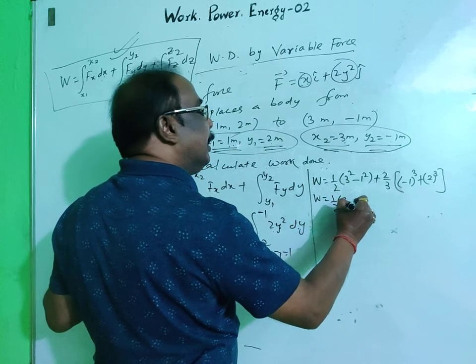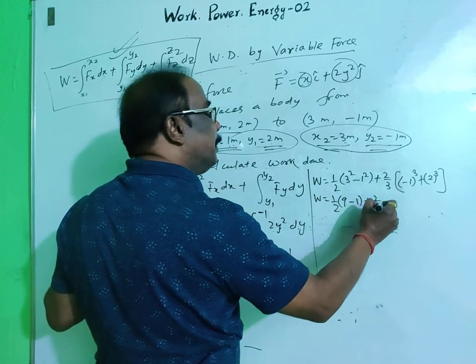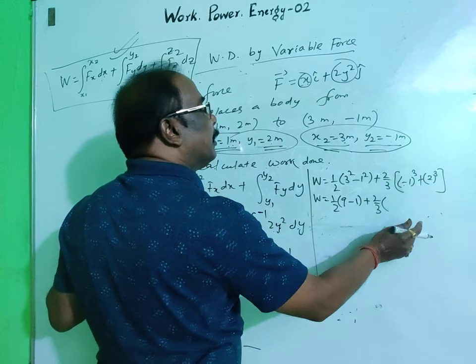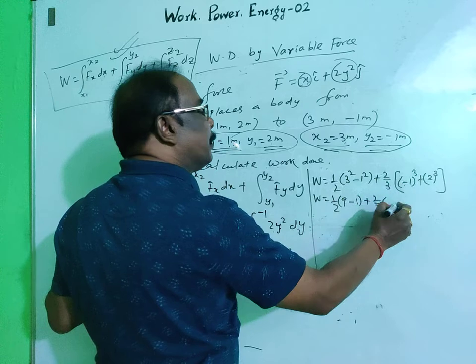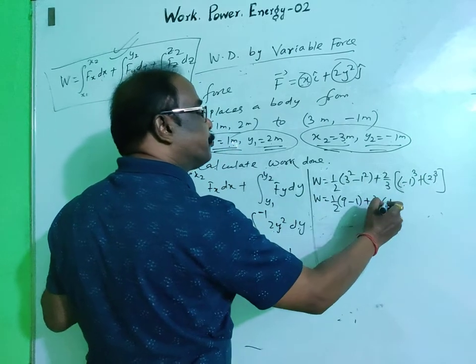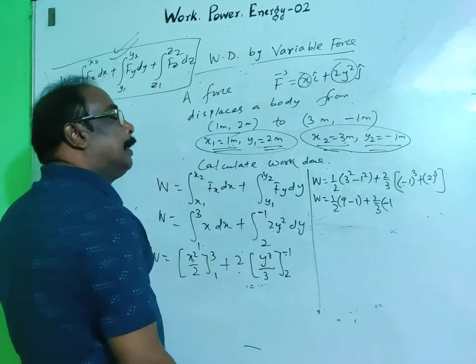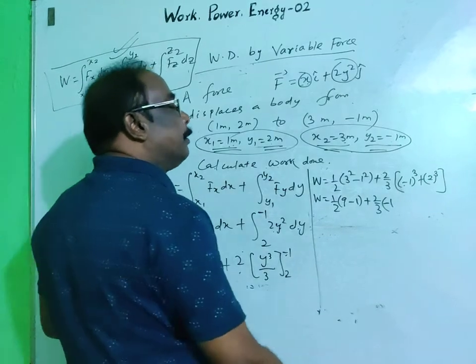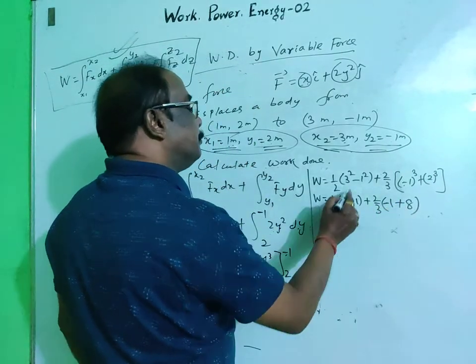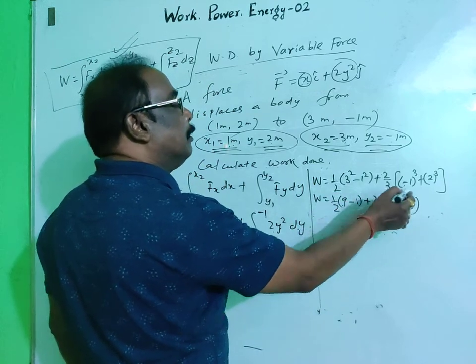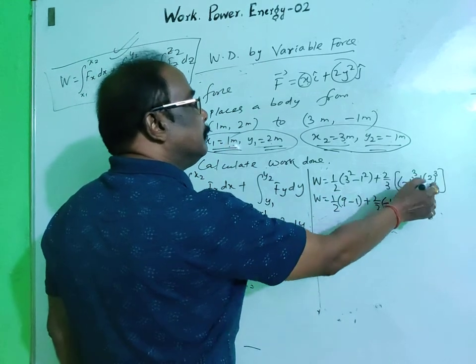Work is equal to half, 3 square is 9 minus 1, plus 2 by 3, minus 1 cube is minus 1, and 2 cube means 8. So 9 minus 1 is 8.